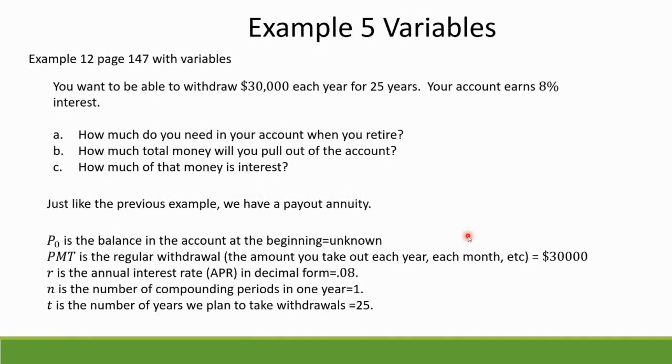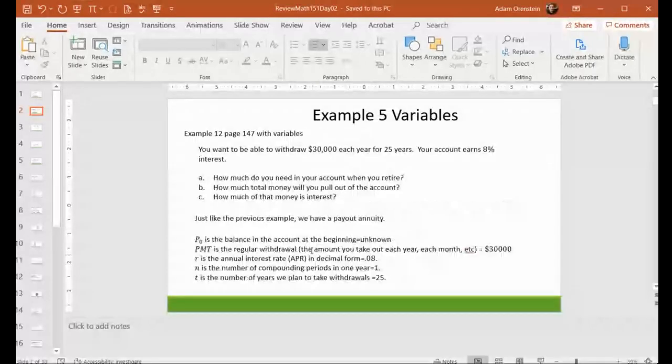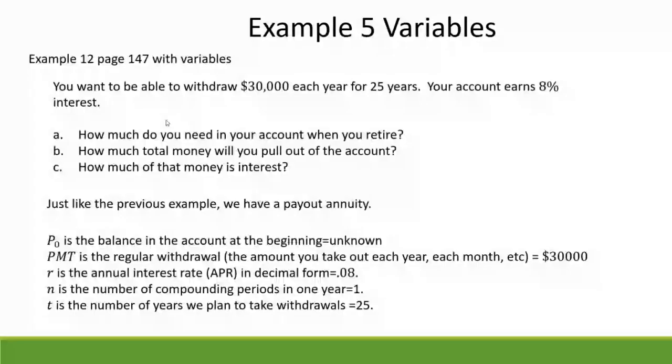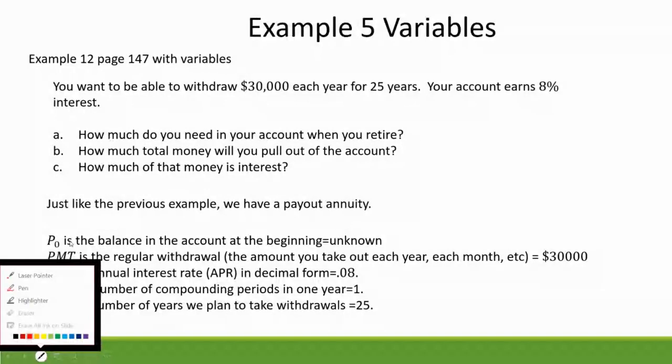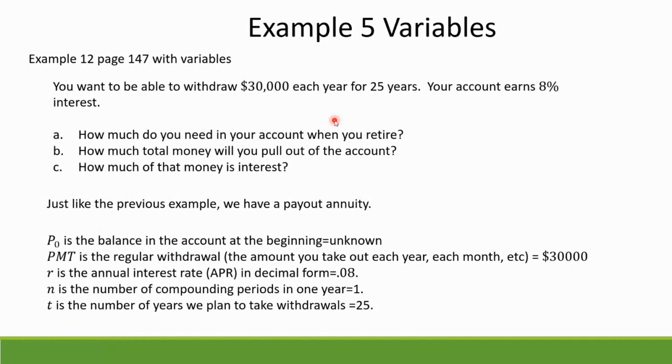Okay, so here again, we want to work with some of the formulas we saw earlier. Remember, we're making multiple withdrawals, so this is actually a payout annuity. And remember, we saw some examples last time.